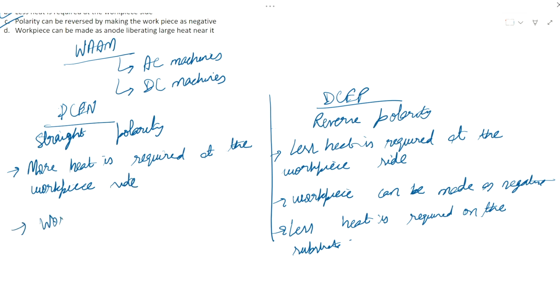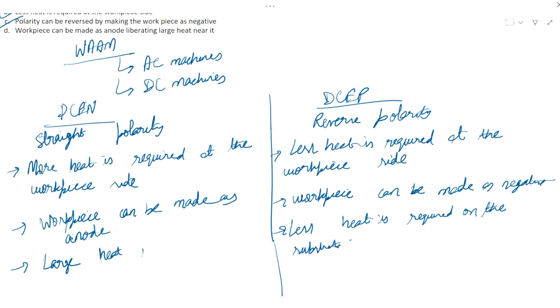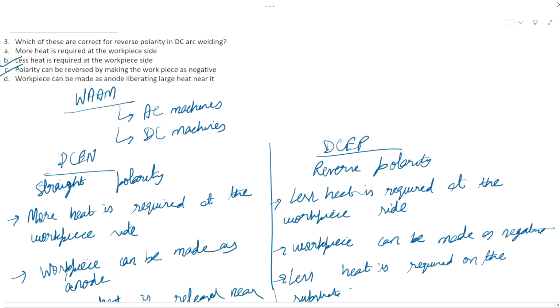Workpiece can be made as anode and large heat is released near it. So these are the major differences between your direct current straight polarity and reverse polarity.